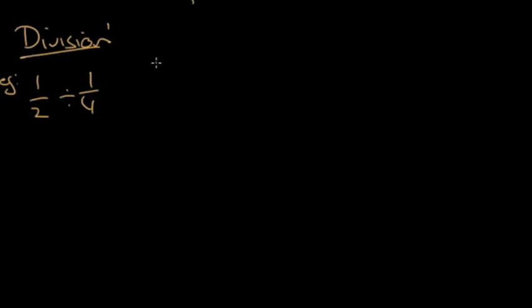And so the last thing I was talking about was division. And how do we do division? For example, a little example in there, 1/2 divided by 1/4. Well, there's a cool thing we can do here. We know that the inverse of multiplication is division, right?